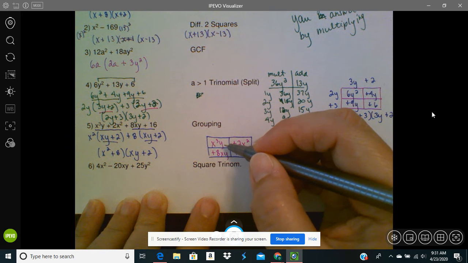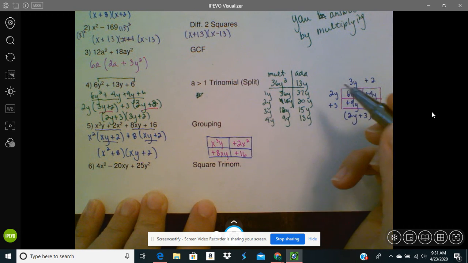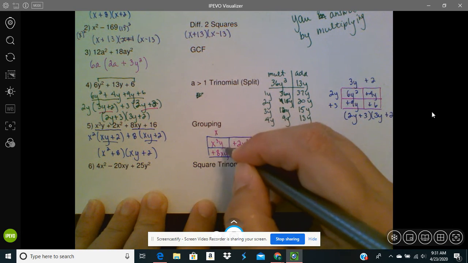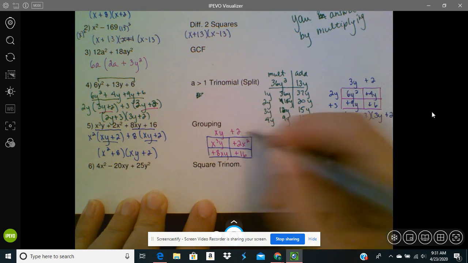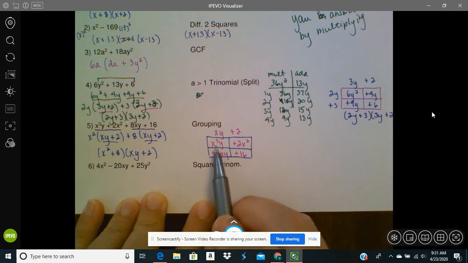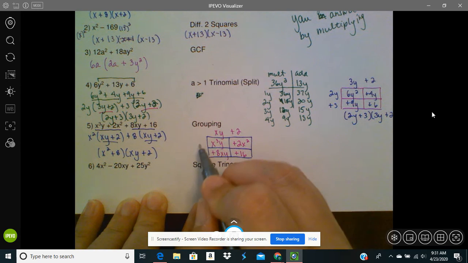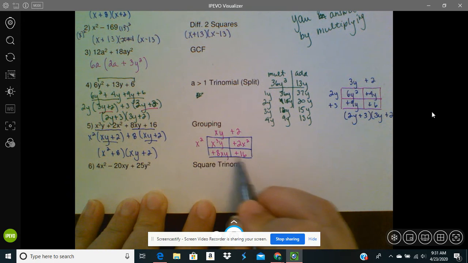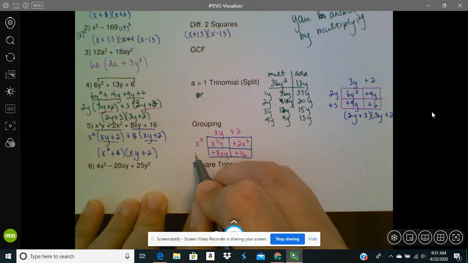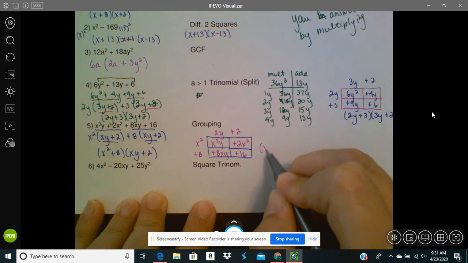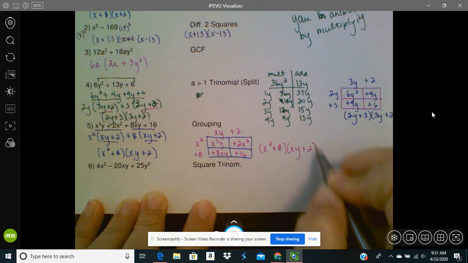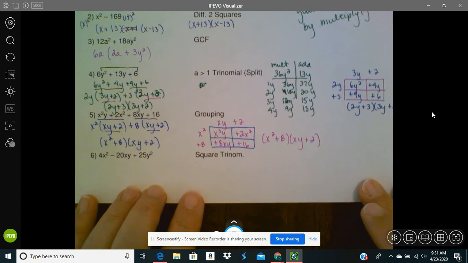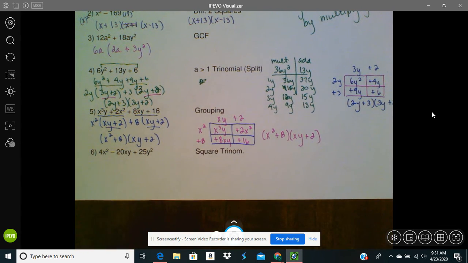The greatest common factor is, oh, I see an x and I see a y. The greatest common factor in this column is 2. The greatest common factor in this row, x squared. And the greatest common factor here is 8. Okay, so this factors to x squared plus 8 times xy plus 2. And oh my gosh, that's the same answer I got over there. So I know it's correct.